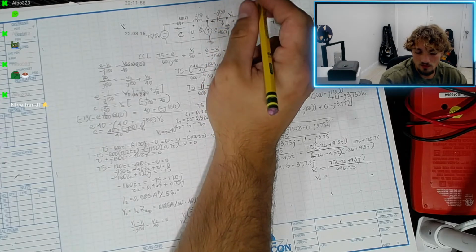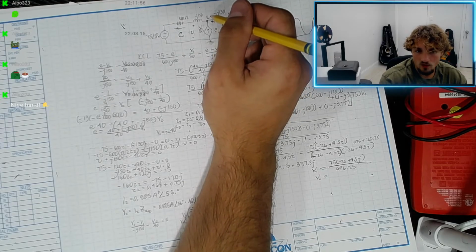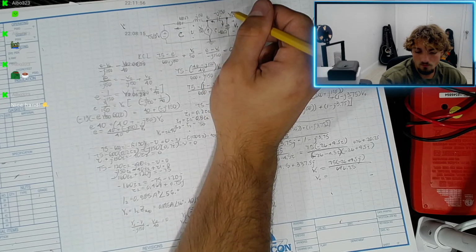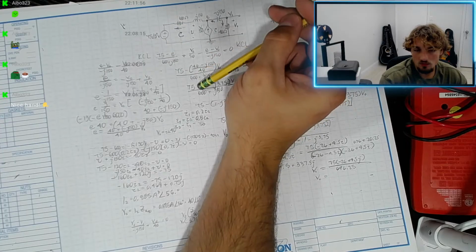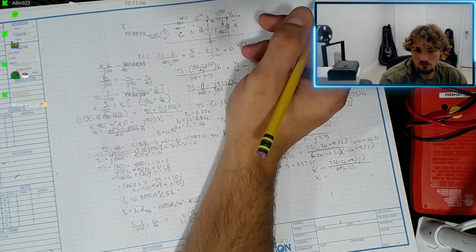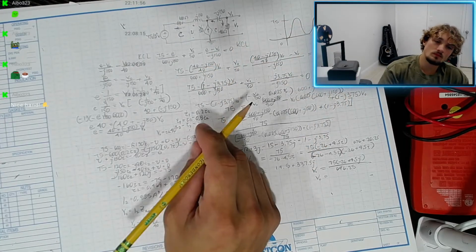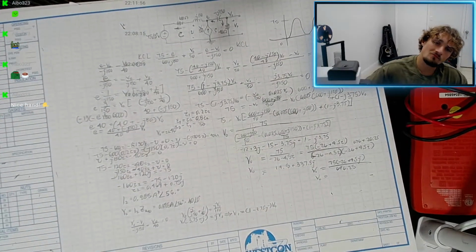Plus V1 minus 0, or V1 minus V out. Whoa. So the node is always positive. I didn't know that.